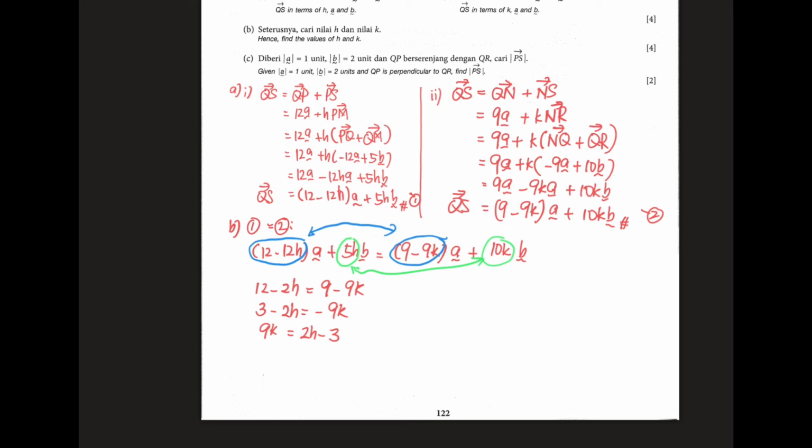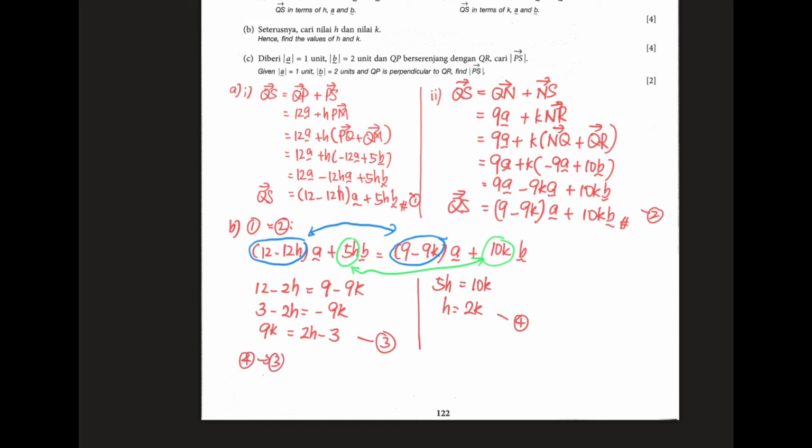Just leave it as equation 3. Now I compare the green color circle, so I get 5h equal to 10k, h equal to 2k. I call it equation 4.